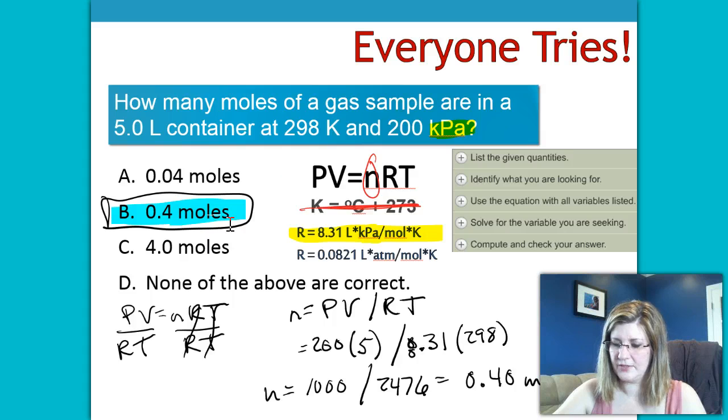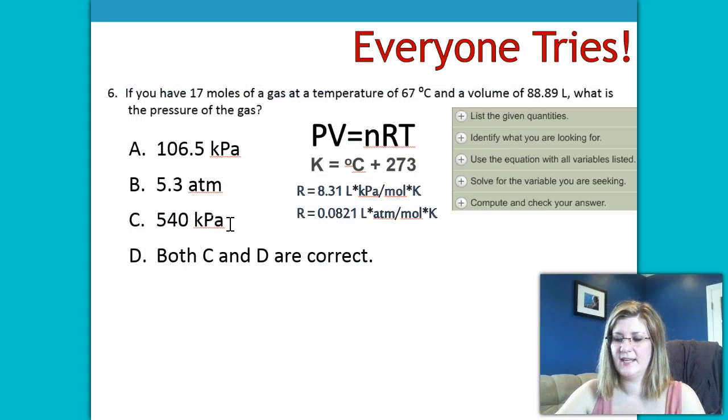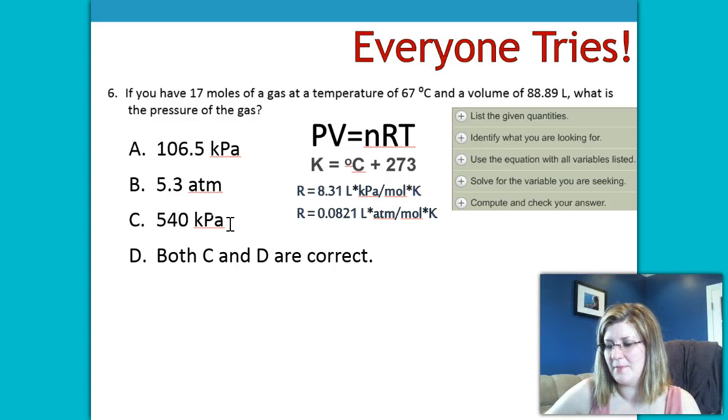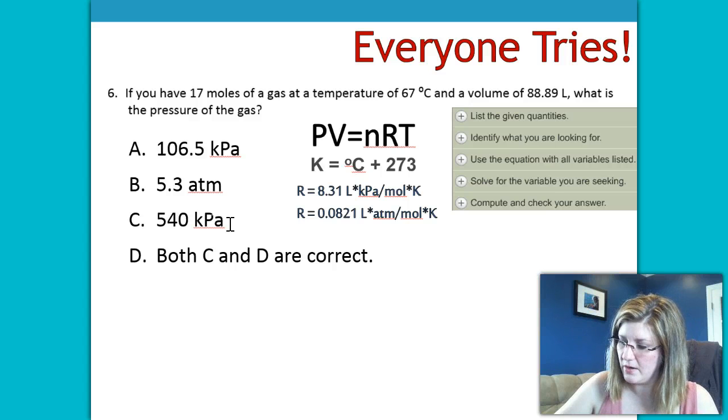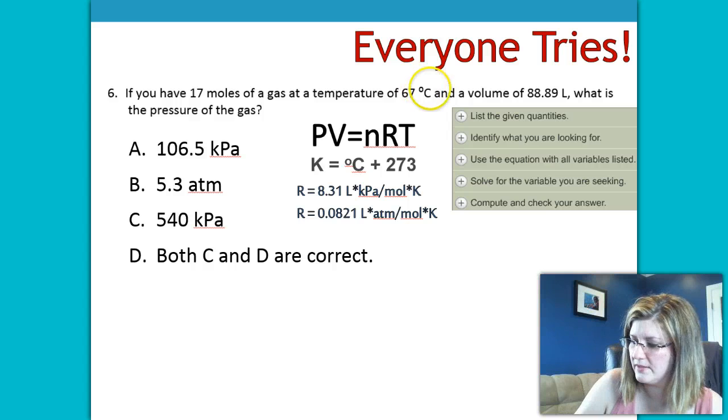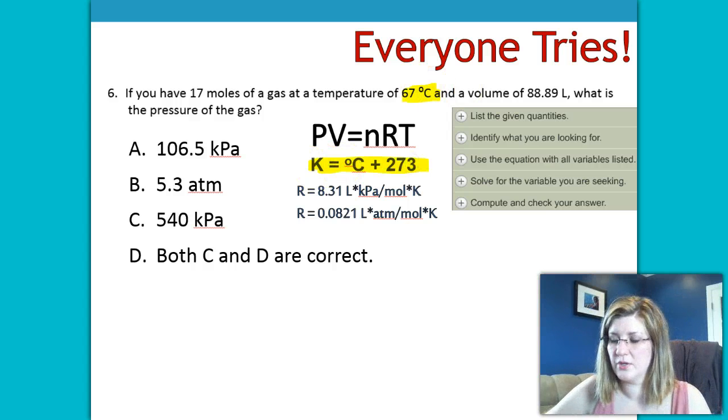Okay, next question. Try your hand at it again. This is also still on your worksheet, number 6. Read through and choose from the options listed. Alrighty, so we're using the ideal gas law. We do have units of Celsius here, so we're going to have to use our temperature conversion.